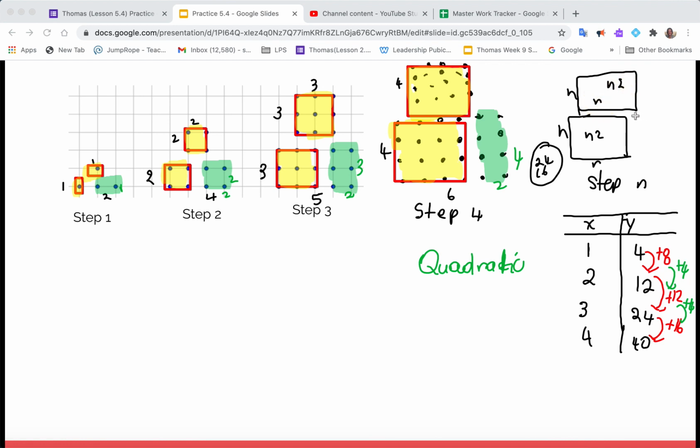And then I'll have a 2 times n, so this is 2n. Based on what our pattern looks like, my yellow happens to be n times n, which is n squared, and it's actually 2 of those.